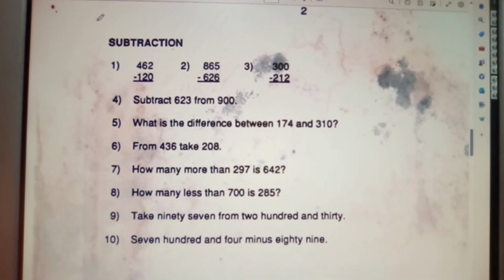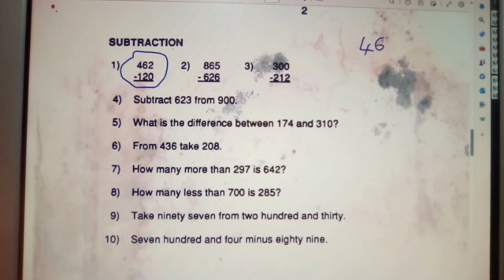And so if I took this one here for instance and did an example on it, okay, we'll take it, 462, okay, minus 120, well, sorry, not over anything.